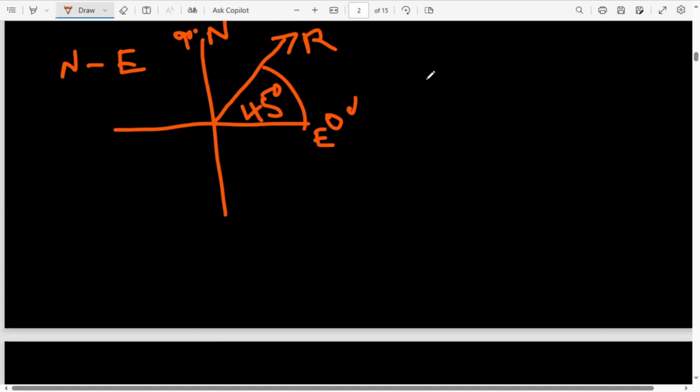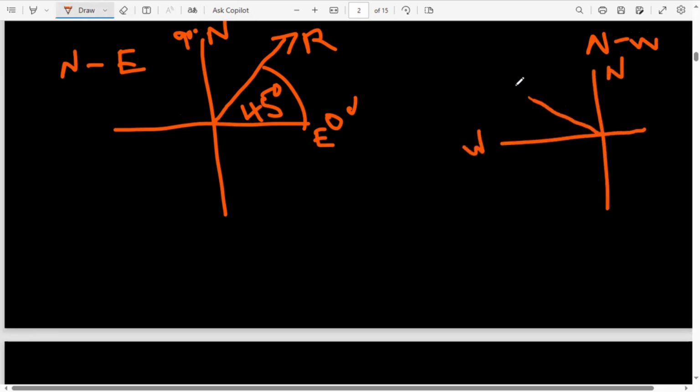Okay. And then when they say northwest, it means that you have a vector between the north and the what? West. So this is it. So if I have north, then I have west, I have a vector that is between here.